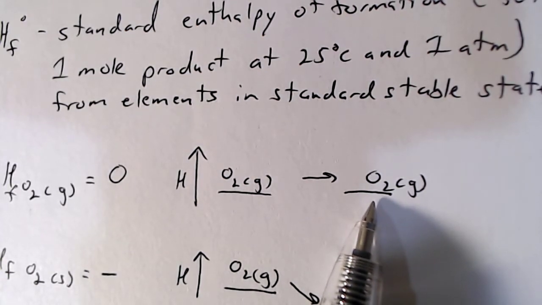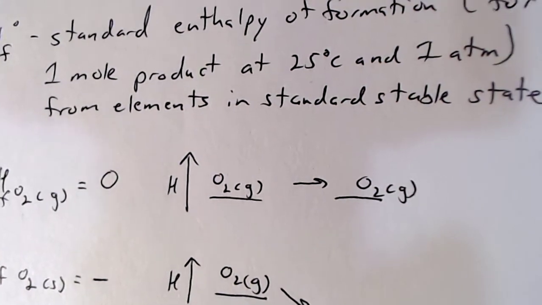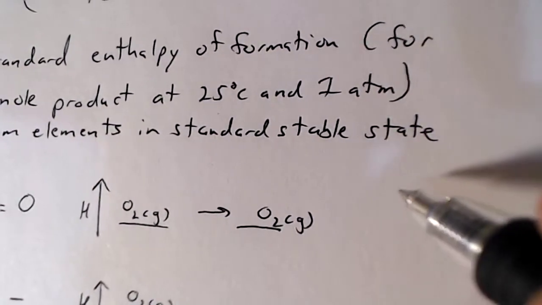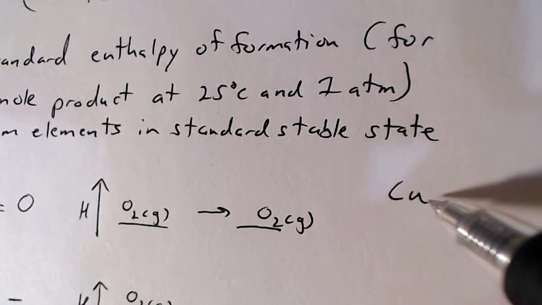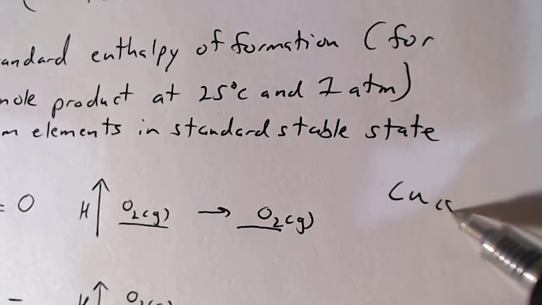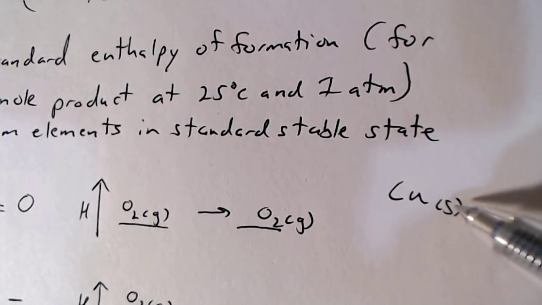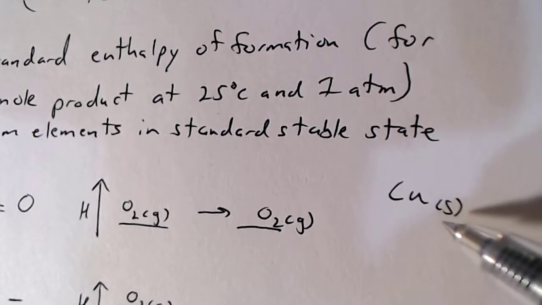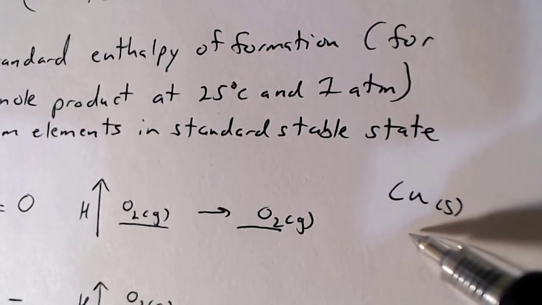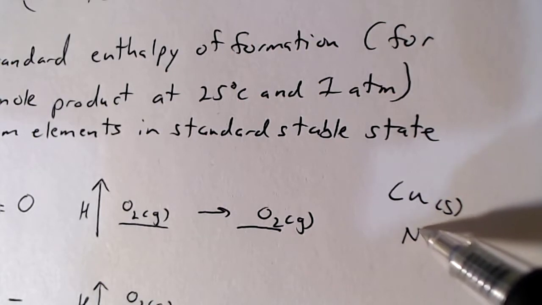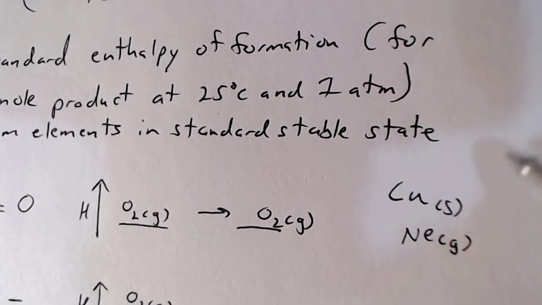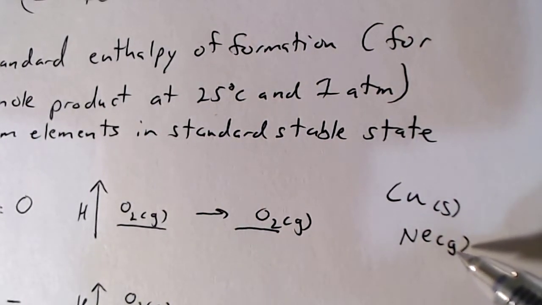So if you're dealing with a metal like copper and it's solid, its enthalpy of formation is 0. If you're dealing with a gas like neon, it's typically a gas at room temperature, it's typically monoatomic, the enthalpy of formation of that is 0.